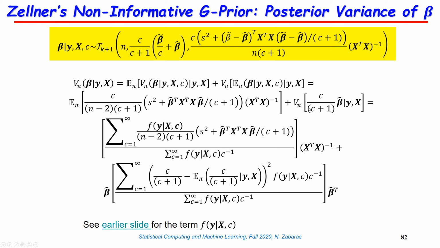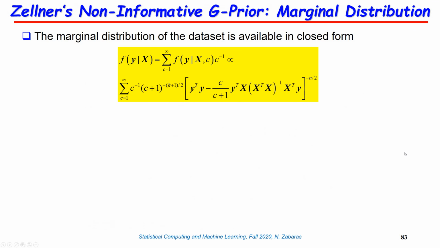Again, so we can compute not only the expectation of beta, but also the variance of beta with C completely integrated out. And again, this is the formula that I had before for this marginal likelihood, right?